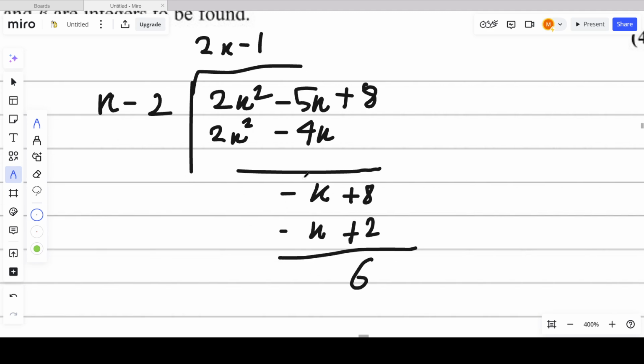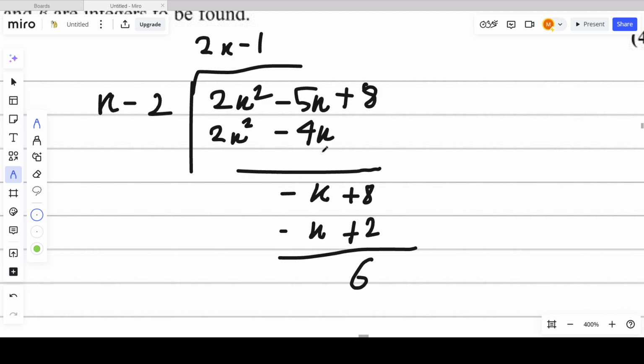The remainder we got is 6. In algebraic long division, we multiply the divisor in such a way that the term of the dividend gets cancelled as we subtract. So doing this method, we got remainder 6.